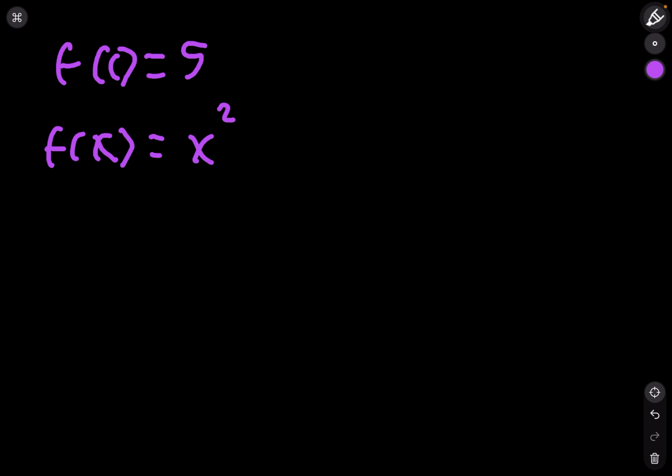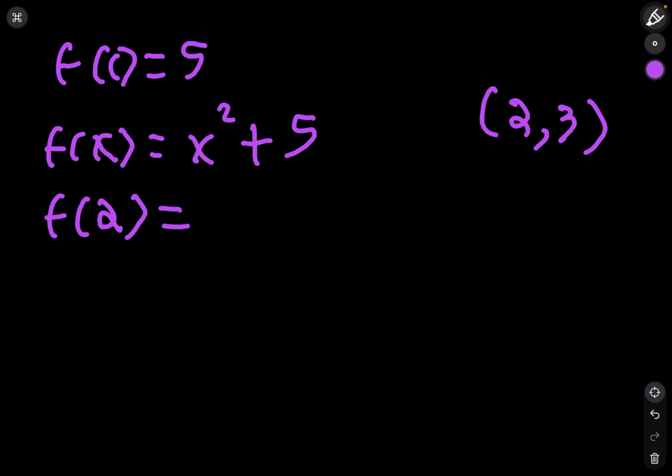Now let's say you were trying to prove there's a value C for which f of c is equal to 5. And then let's say you have the function f of x is equal to x squared plus 5, between the domain of 2 and 3. You just have to plug the numbers in. So f of 2 is equal to 4 plus 5, which is equal to 9. And then f of 3 is equal to 9 plus 5, which is 14.